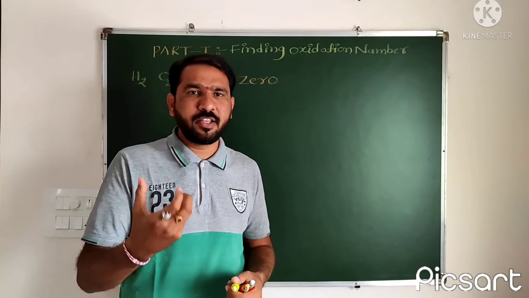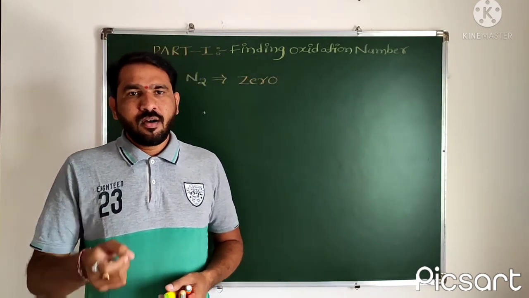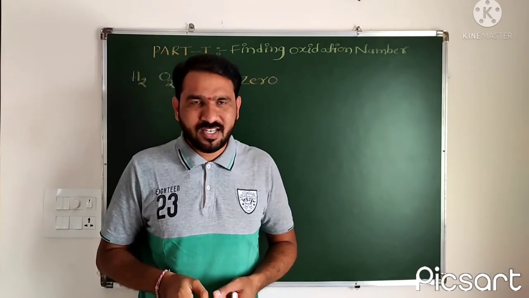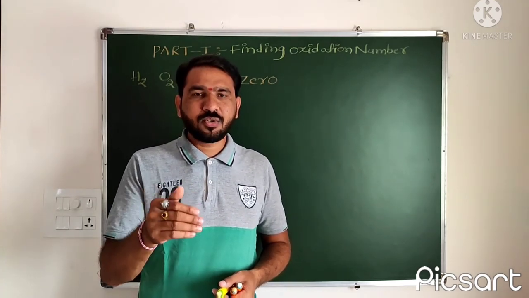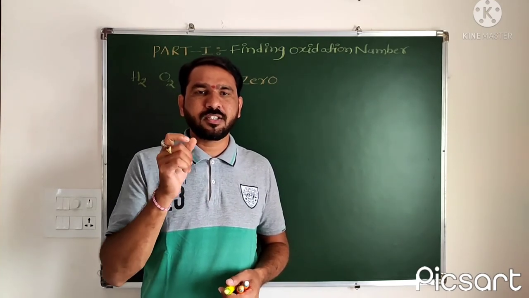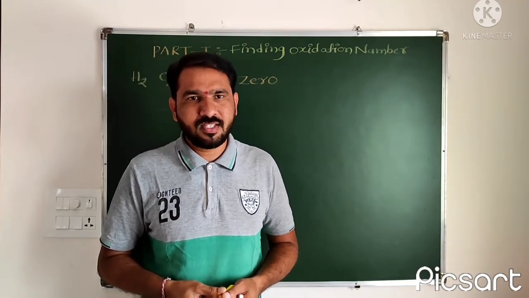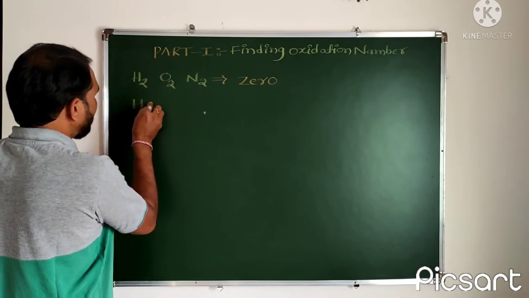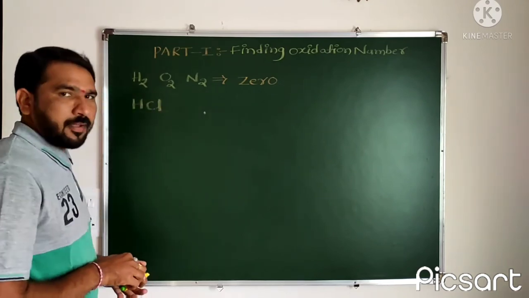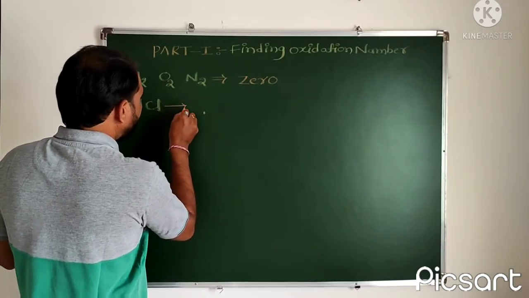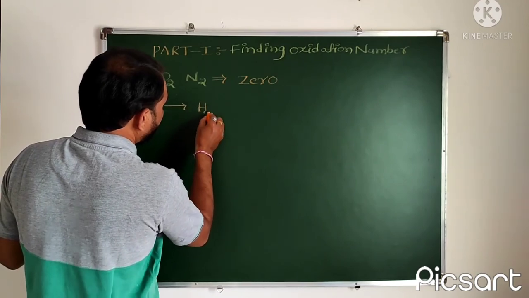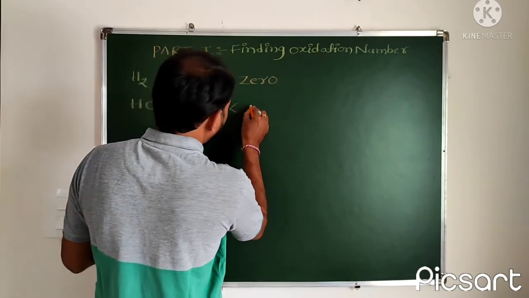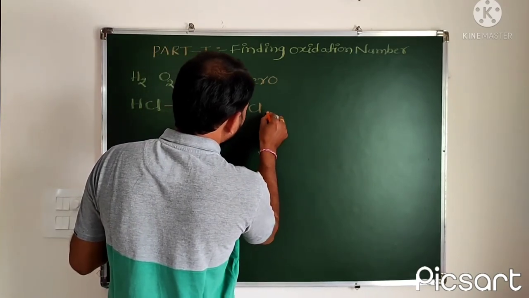If you take a molecule with heteroatoms, the more electronegative atom should get a negative oxidation number, and the less electronegative atom should get a positive oxidation number. Is it clear? For example, if you see HCl, in this, the electronegativity of H is less than the electronegativity of Cl.